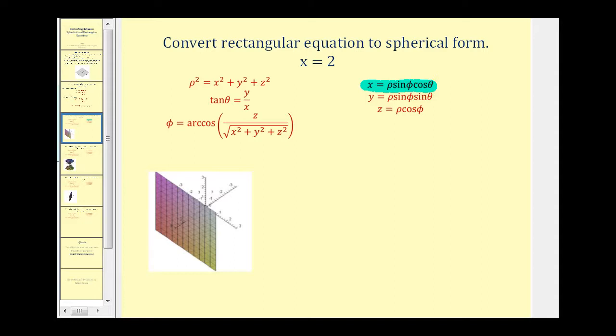Let's go ahead and do that. We'd have rho sine phi cosine theta equals 2. And now this is a spherical equation, but normally we want to solve these equations for rho if possible. So let's divide both sides by sine phi cosine theta.